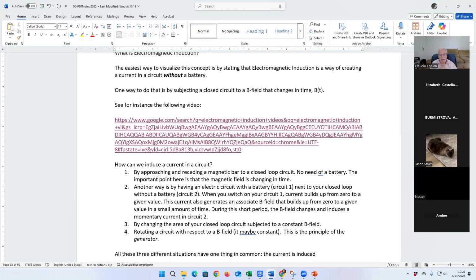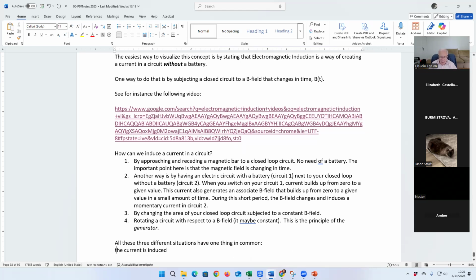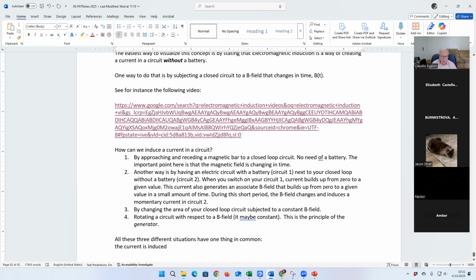That's one of the things that's common. But there is something else too. And I want you to start thinking, okay? The one thing in common, the current is induced. But what is exactly happening there in the circuit, right? What is something else that is in common among those four situations, right?